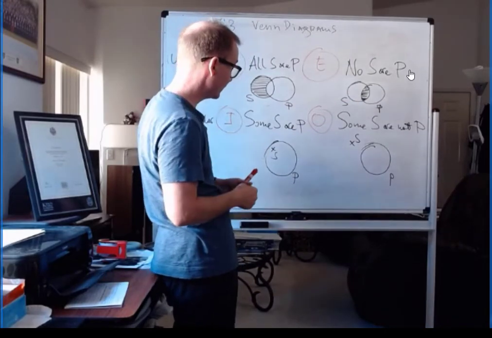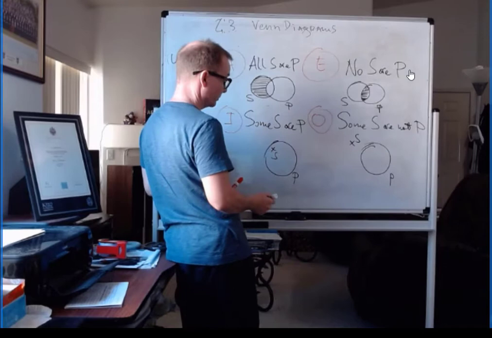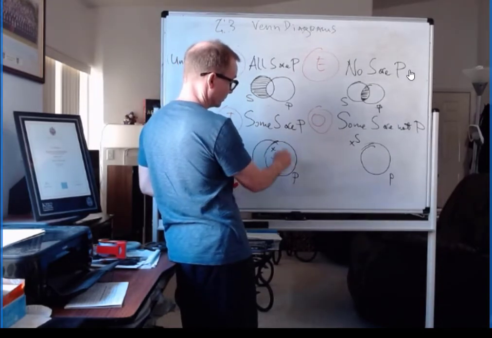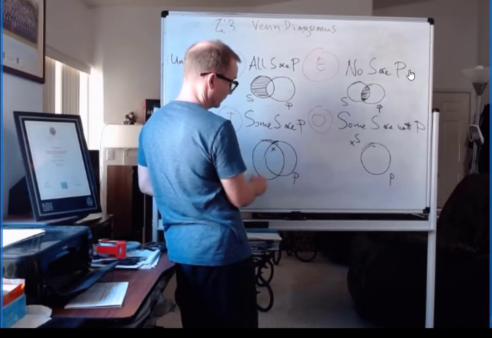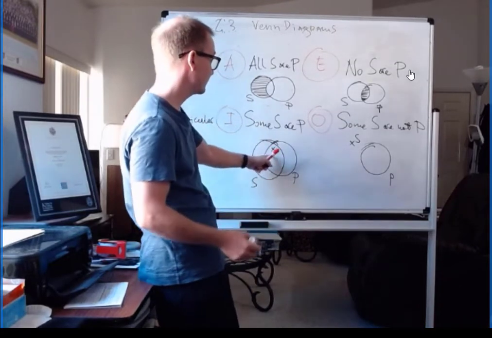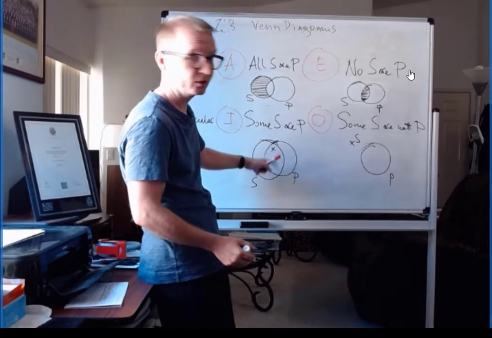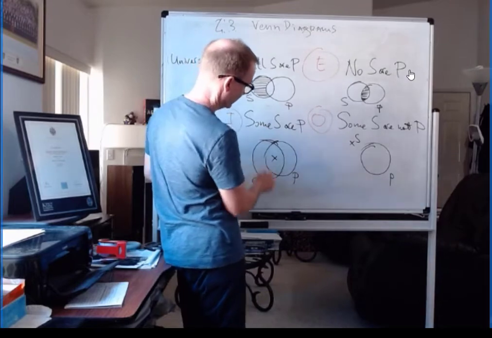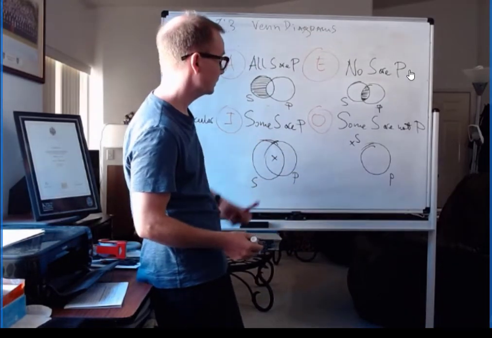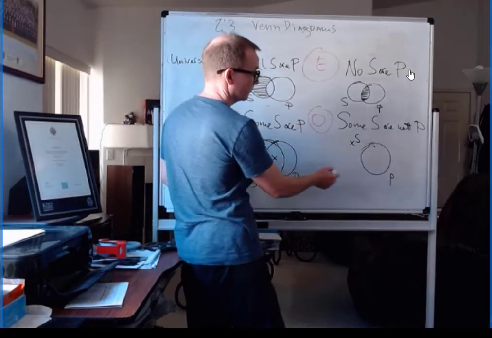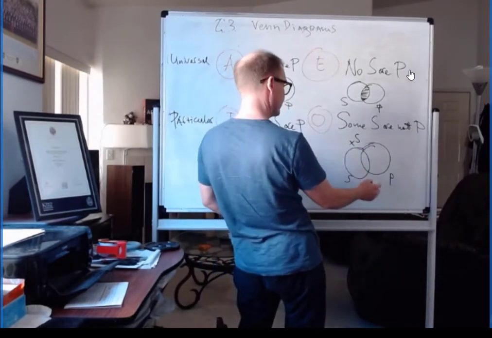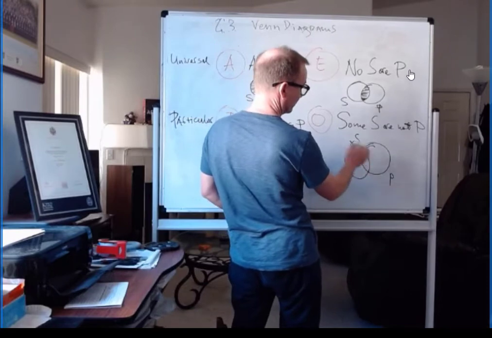How about the other two? Well, it's actually a little bit easier. Now, instead of that, we can just draw the S circle right here. And so we can even leave this X, and it will just be telling us that there is at least one thing here. Let's put it in the middle. Get it a little nicer looking, but the same idea. And equally here, we draw another circle, S circle, and we put our X like here.